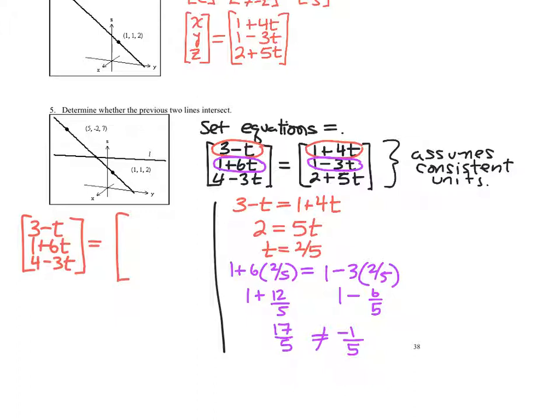And instead of writing the second one with t's, choose a different variable. R. You can use whatever you want, just as long as you're allowing for them to represent different quantities. 1 plus 12. Oh, thank you.